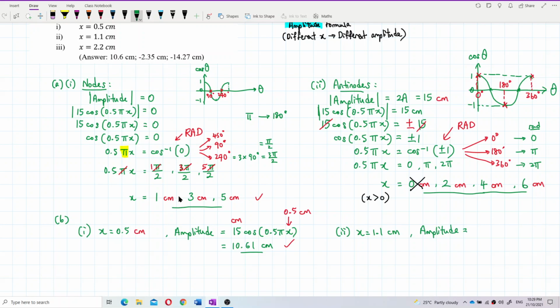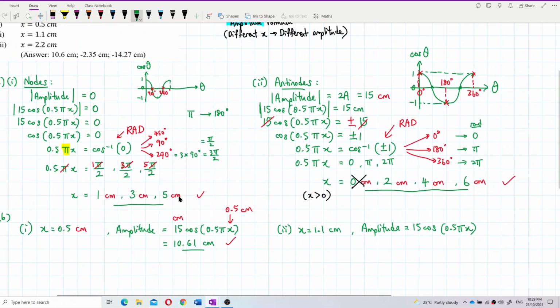Just use the formula, 15 cosine 0.5 pi x. Substitute x with 1.1 centimeter. The 15 here is also in centimeter. Now let's calculate.